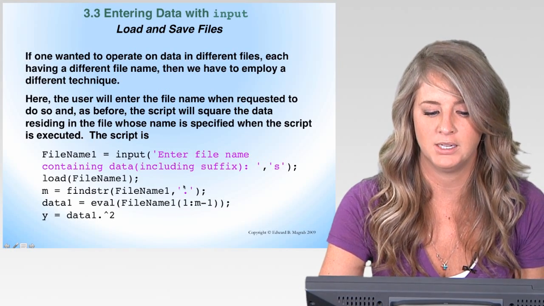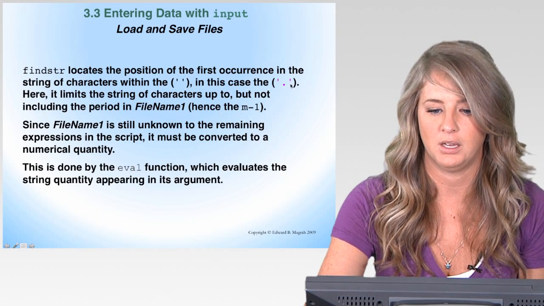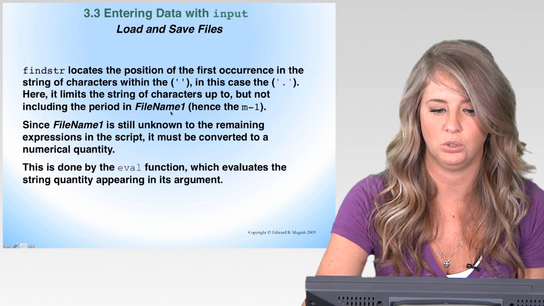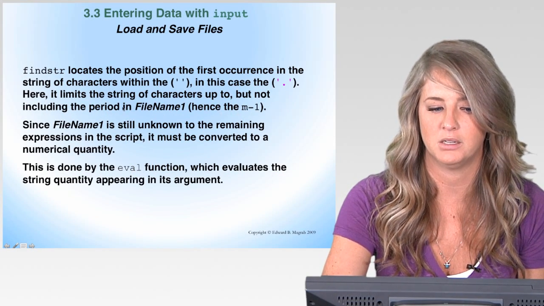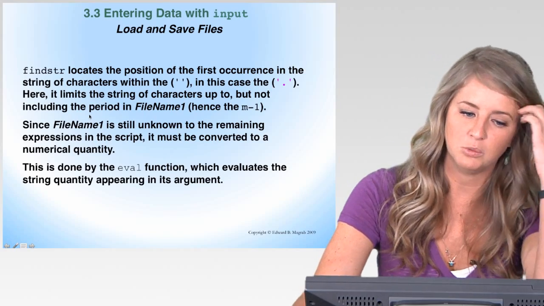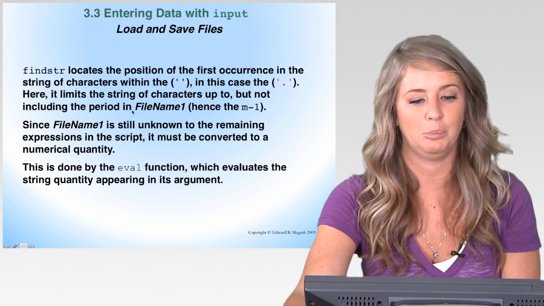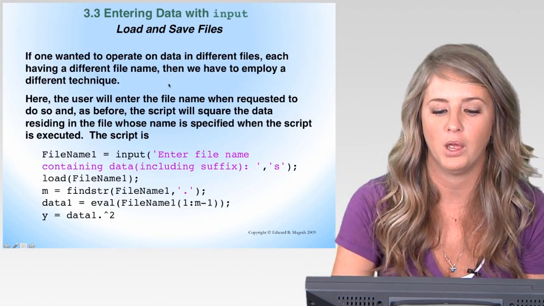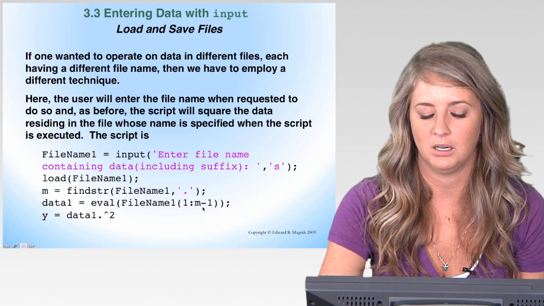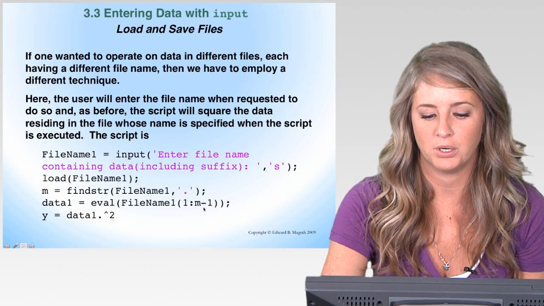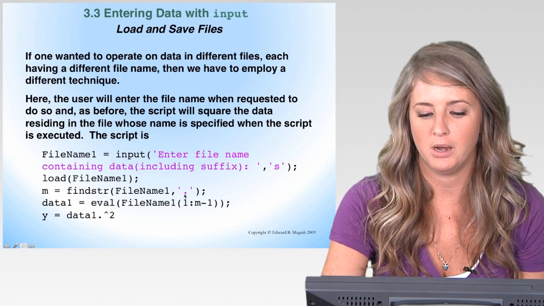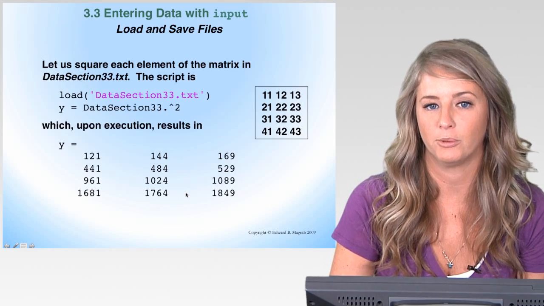So we're finding the string that is up to, so we have this m-1 that is up to but not including the period in file name 1. So you can see that here. So it's finding the string up to but not including the dot from file name 1.